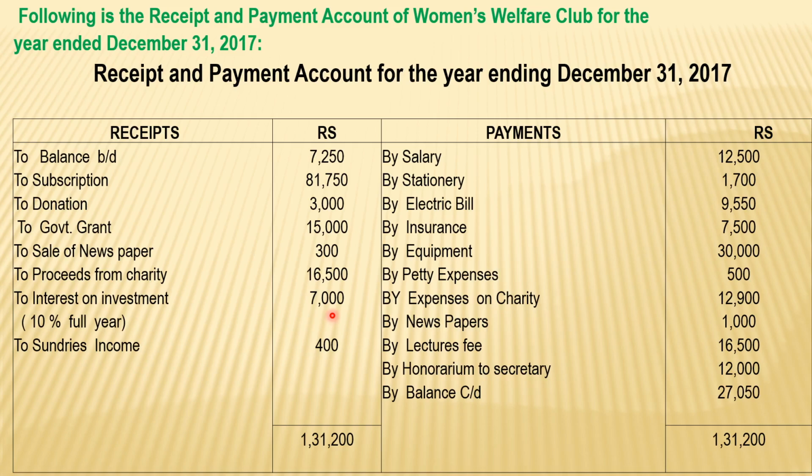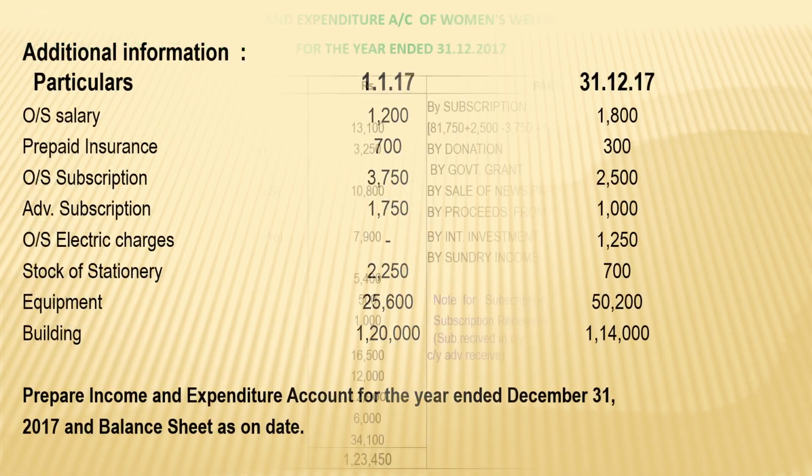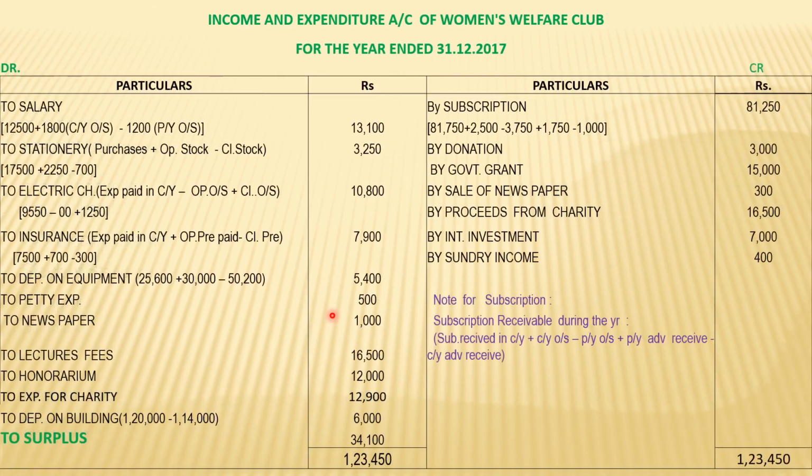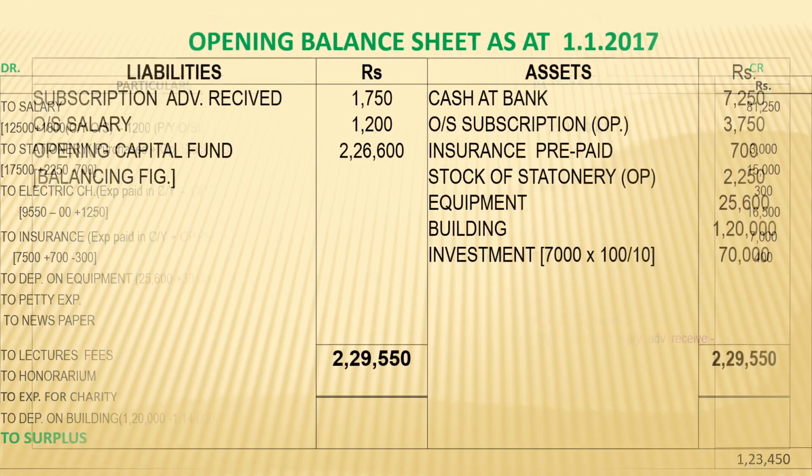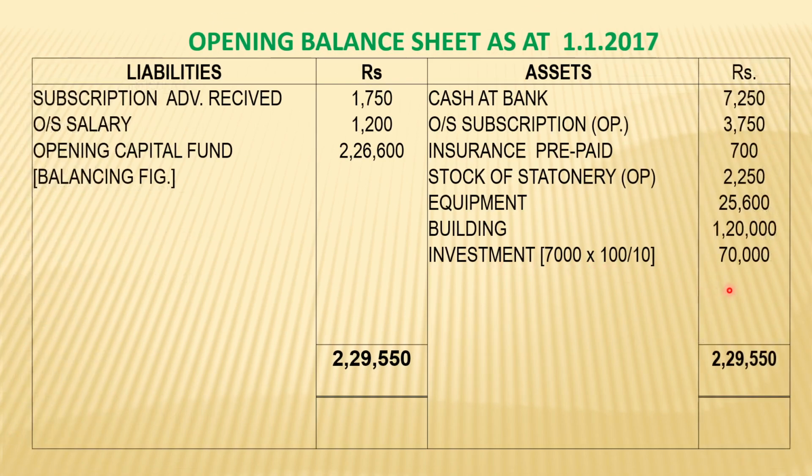So that way we can calculate the amount of investment, and here is our investment, 70,000. Using the unitary method, when 10, then 100, when 1, then 100 by 10, when 7,000, then what is the amount? It is coming 70,000.